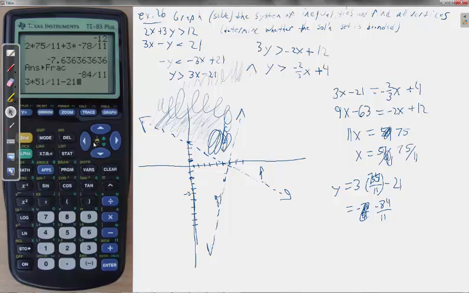Three times 75 over 11 minus 21. That's what I want. Okay, that's reasonable. Math, fraction. Negative 6 elevenths.